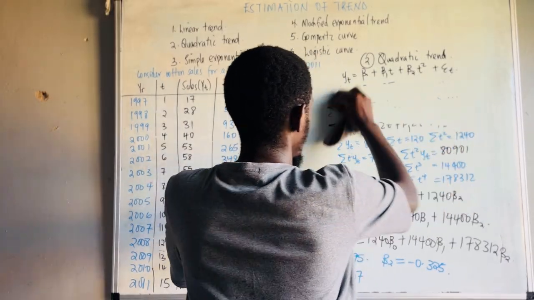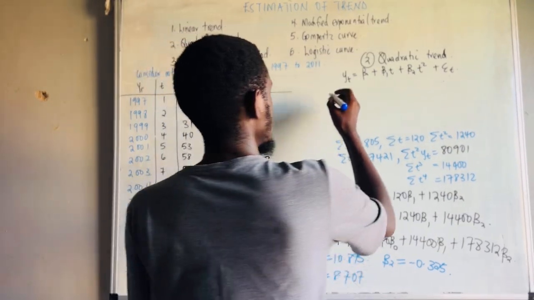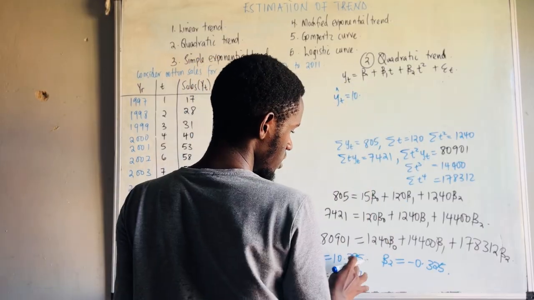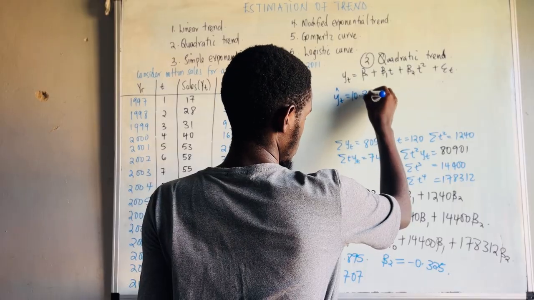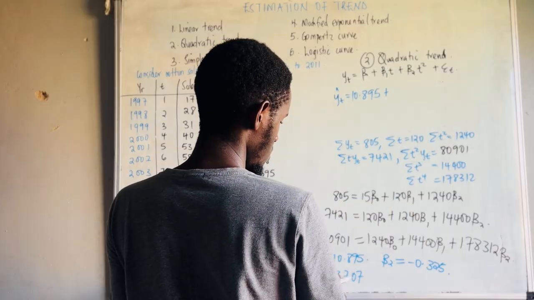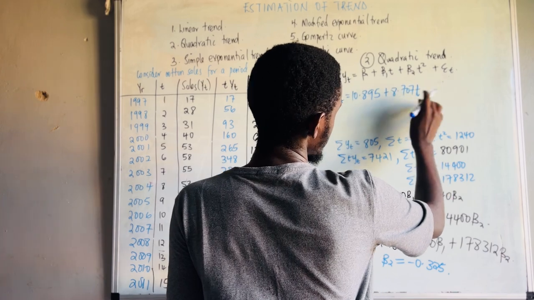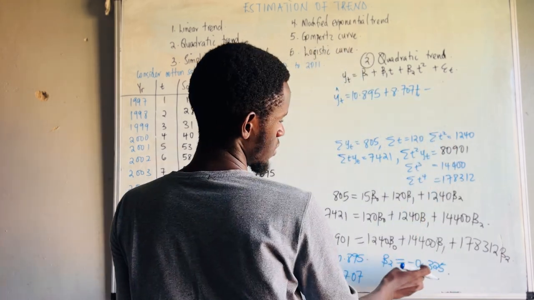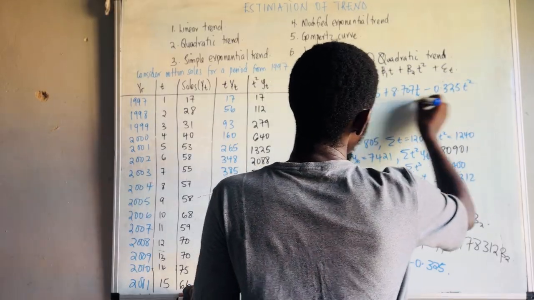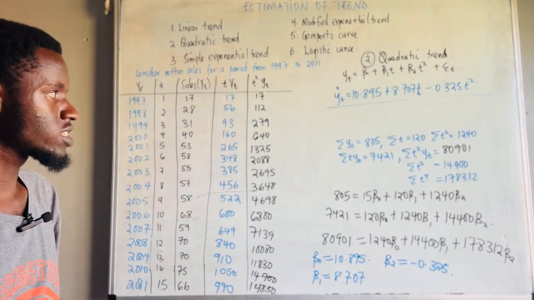I will just need to say that to be a form of, I have just that my y at this beta 1 8.707 and then negative 0, then times t squared, and then it's going to be a quadratic equation.